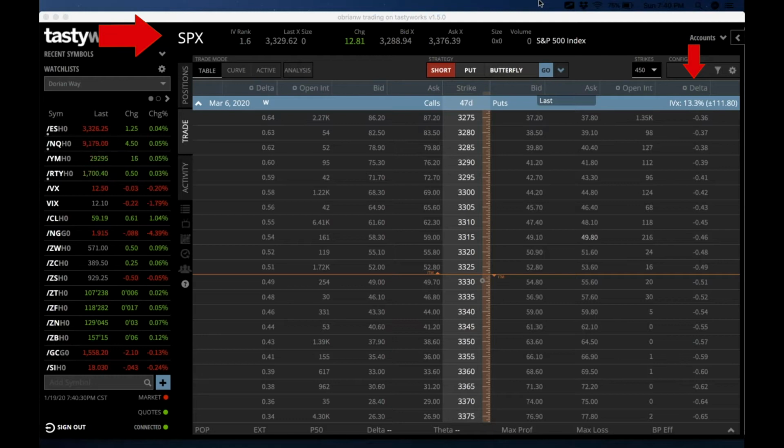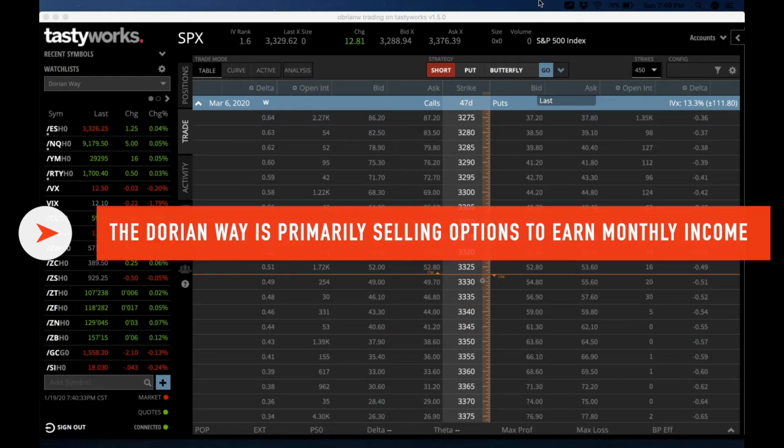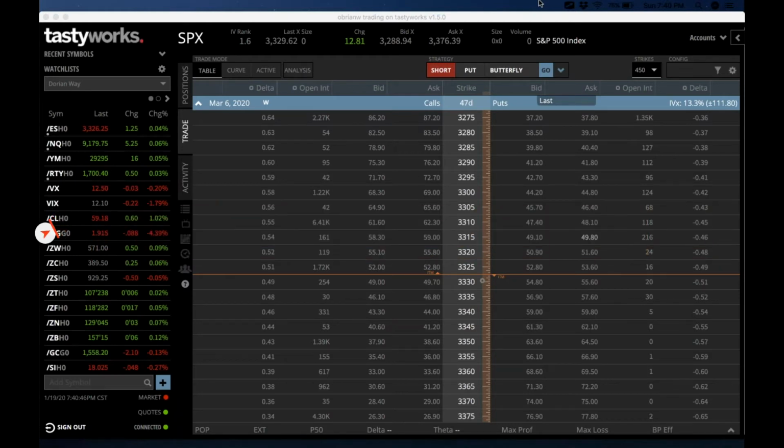If you are primarily an option seller, once again, like the Dorian Way, then your Vega is going to be negative. So if the volatility increases, then theoretically you're going to be losing based on how negative your Vega is. If your Vega is, let's say, negative 100, then you would lose $100 if volatility spiked up 1%, and make $100 if volatility went down 1%.